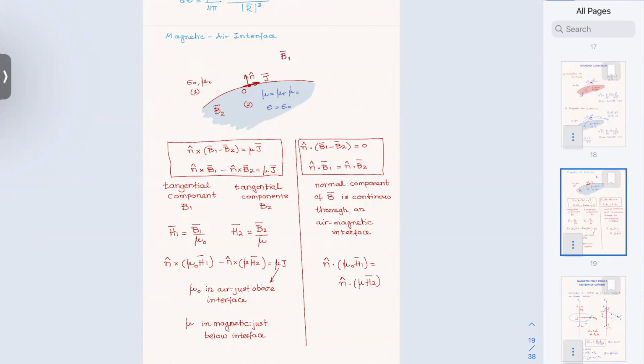So we are going to see these two expressions side by side with the boundary conditions for electrostatics. As I told you, I was going to prepare for Monday a table that shows all of the properties in electrostatics, all of the properties in magnetostatics.